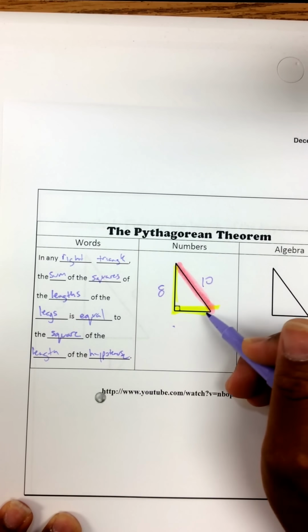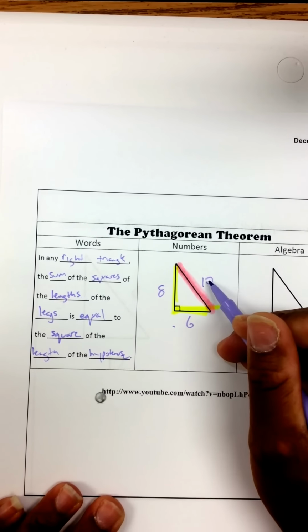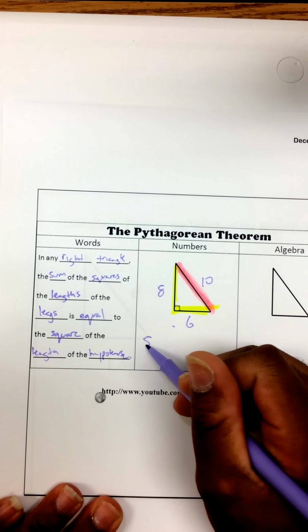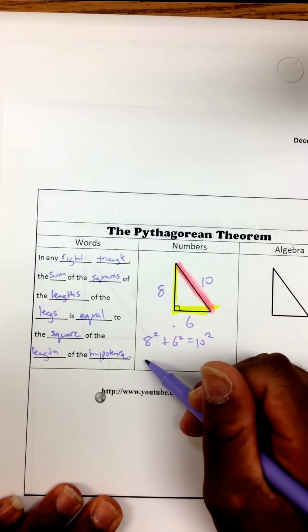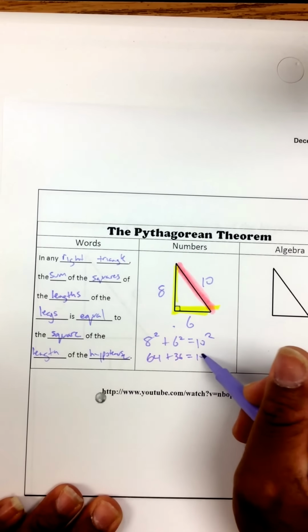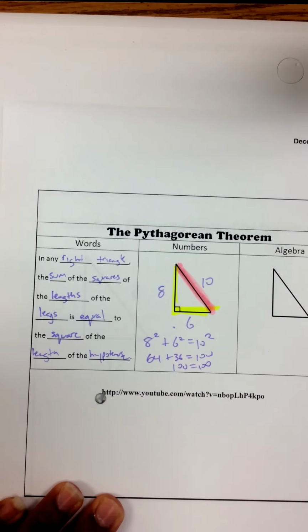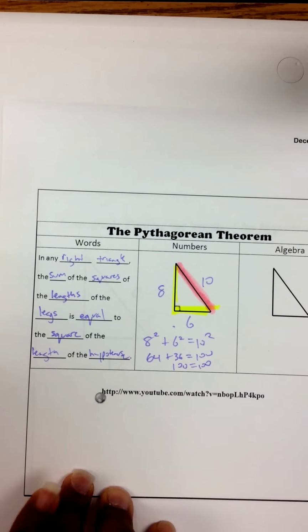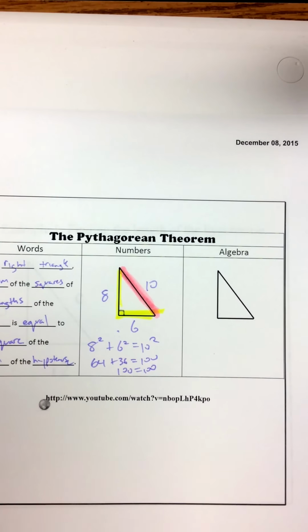I'm going to use 8, 10, and 6. And remember, the hypotenuse is always the longest side. So let me put everything together. 8 squared plus 6 squared equals 10 squared. That'll give me 64 plus 36 equals 100. And I see that they are both equal. And I want you guys to remember that the equal sign means something. It means that both sides are equal.